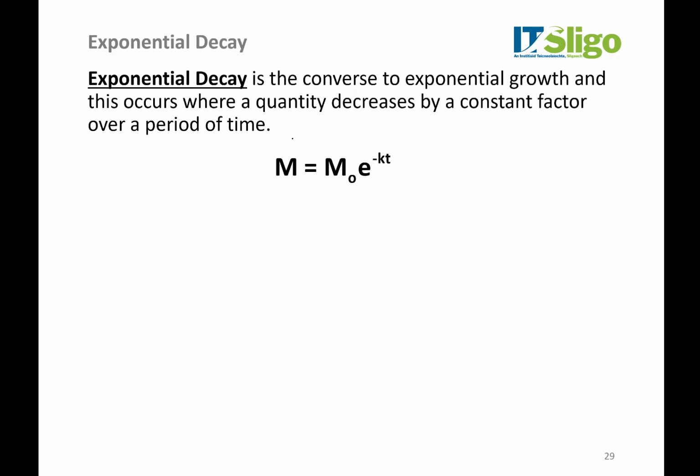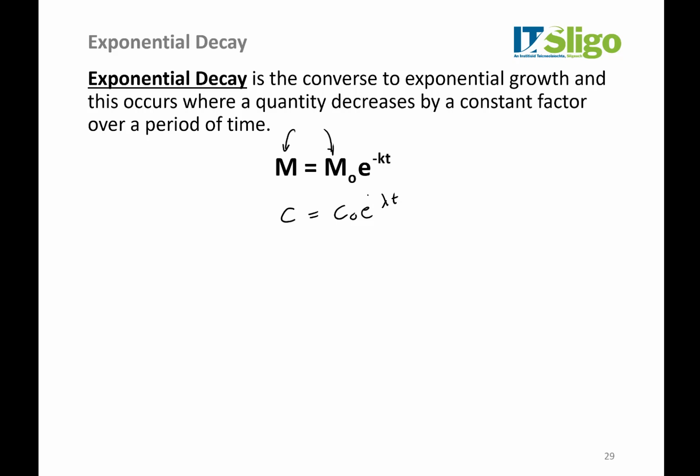The trivial difference is, for decay we use the letter M, but usually this formula is changed to reflect whatever system. If we were looking at capacitance, it suffers exponential decay, and the formula would look like that. And k will often change its form as well. k isn't always written as k, sometimes it's written as lambda.